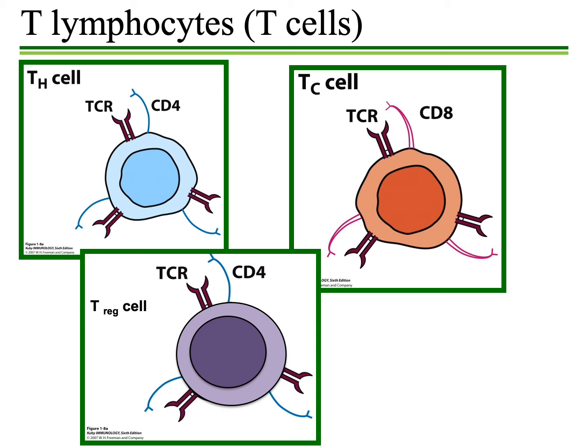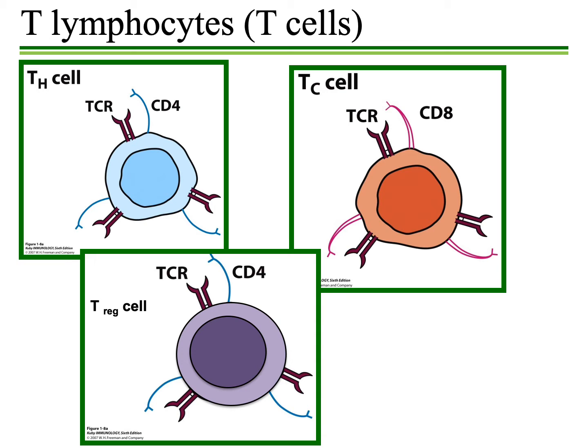The last category of cells for T cells is referred to as a regulatory T cell, and the job of the regulatory T cell is to help suppress the immune response, specifically repress the immune response against self-antigens. We introduced the concept of tolerance, I believe, in the last lecture, and tolerance is a built-in mechanism to protect the host cells from being recognized as potential threats and having immune responses elicited against them.